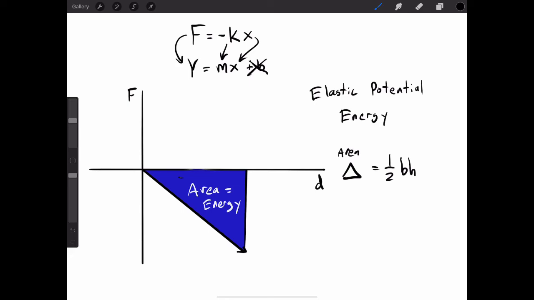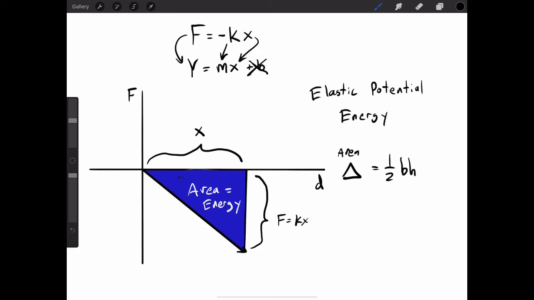Okay, so the area of this triangle is going to be 1/2 of this base times the height here. So the base is just going to be x, and the height is going to be our force, which is just equal to kx.